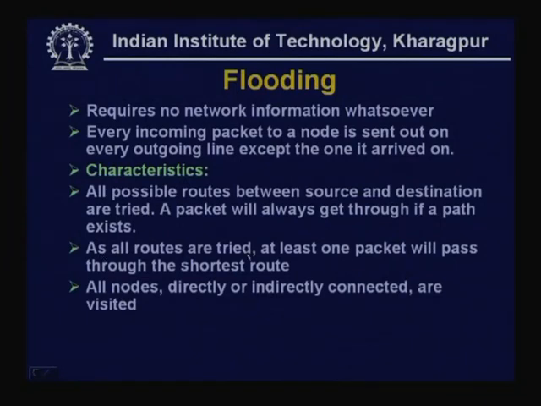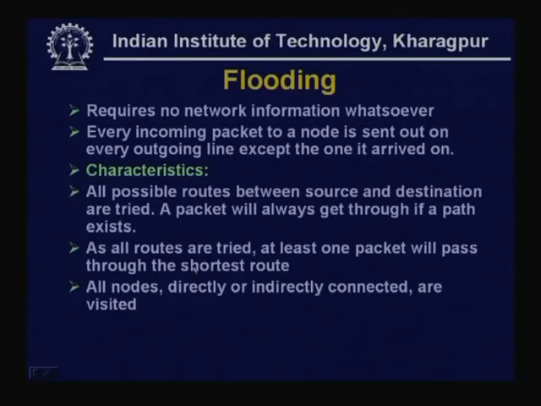As all routes are tried, at least one packet will pass through the shortest route. Not only will it deliver the packet to the destination, possibly multiple packets will be delivered and one will be delivered through the shortest path. So, the first packet that it receives is through the shortest path with minimum delay. So, this is another important feature.